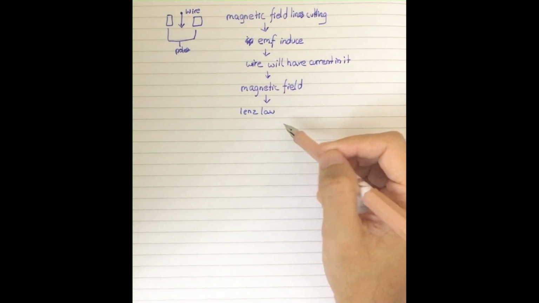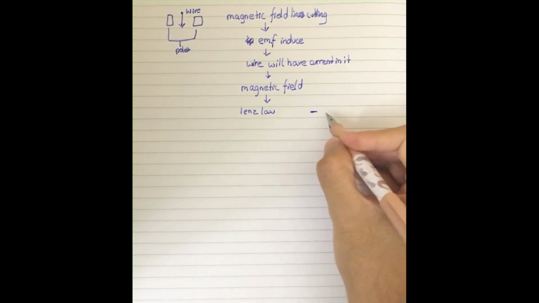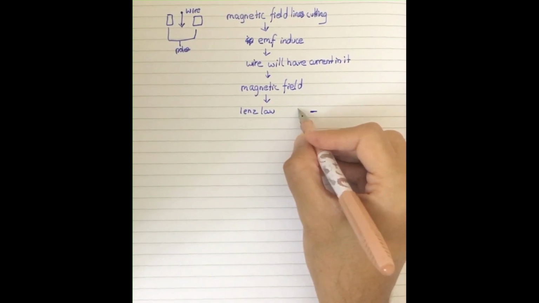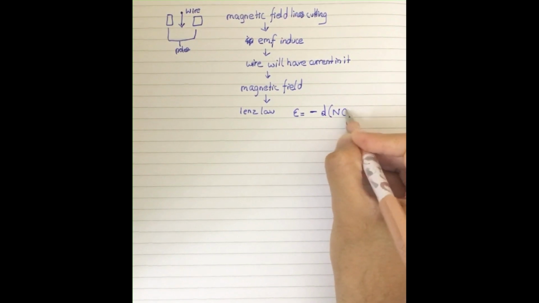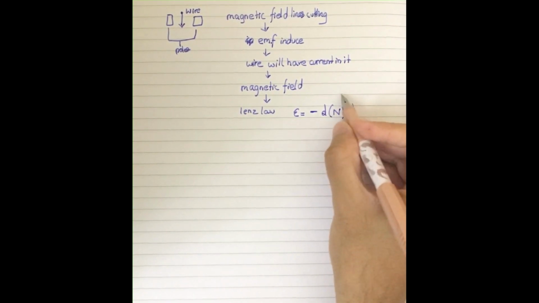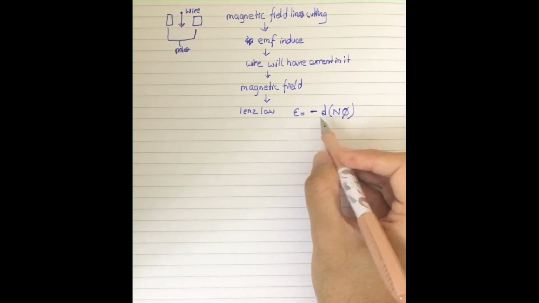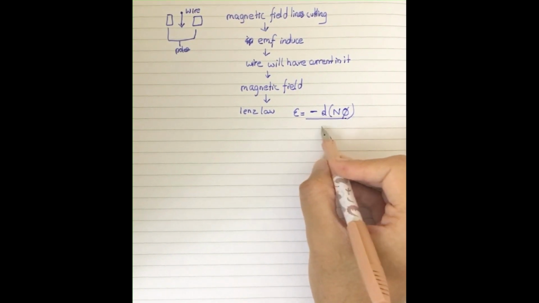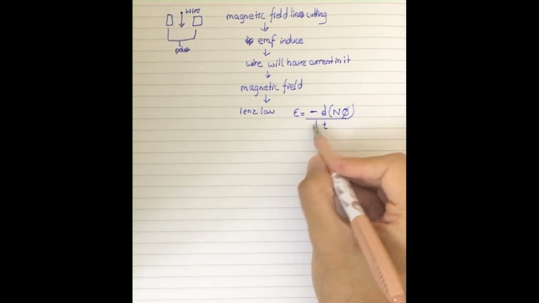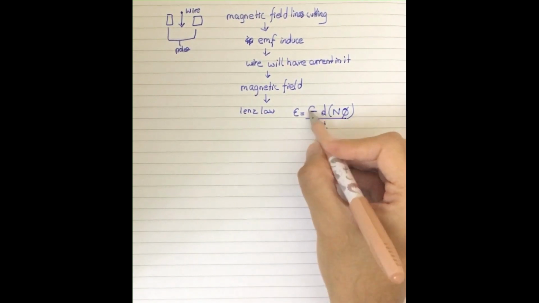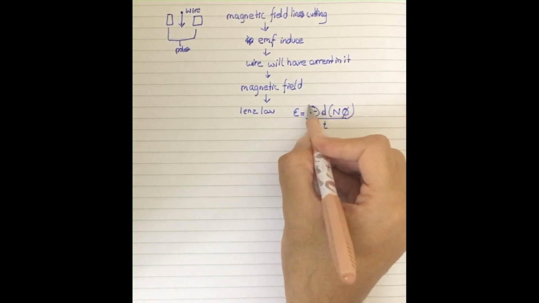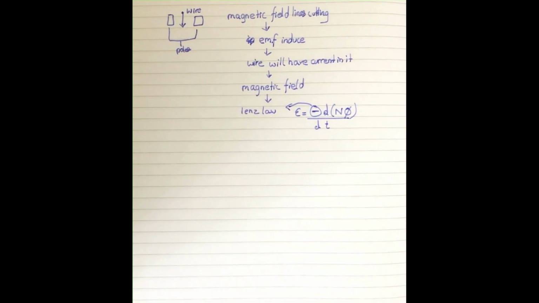That's why we have a negative sign in the formula EMF is equal to negative d, number of turns, magnetic flux, over small delta change in t. This d means small delta change. That's why we have this negative sign, which represents Lenz's law, right?